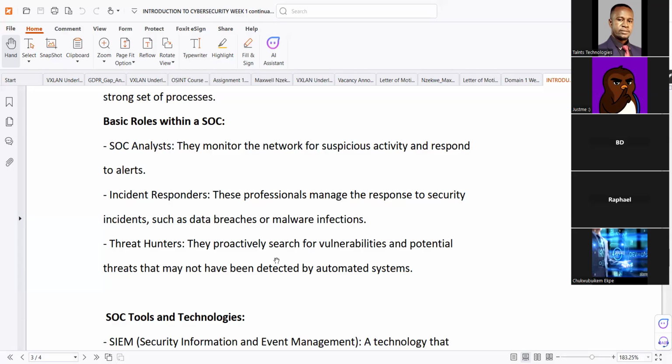Then threat hunters, they proactively search for vulnerabilities and potential threats that may not have been detected by automated systems. They are the ones hunting, just as their name implies. They hunt for those vulnerabilities and threats in the network. Any question from anybody?